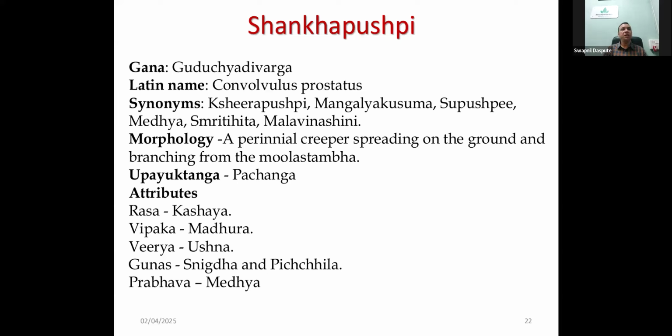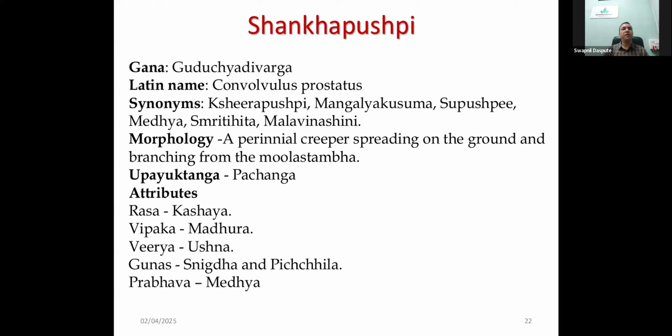In the context of a herb, it is milky secretion. Kshira literally means milk, like the Kshira of a goat or of a buffalo. So Kshira Pushpi, the flower looks like milk or has milky secretions.